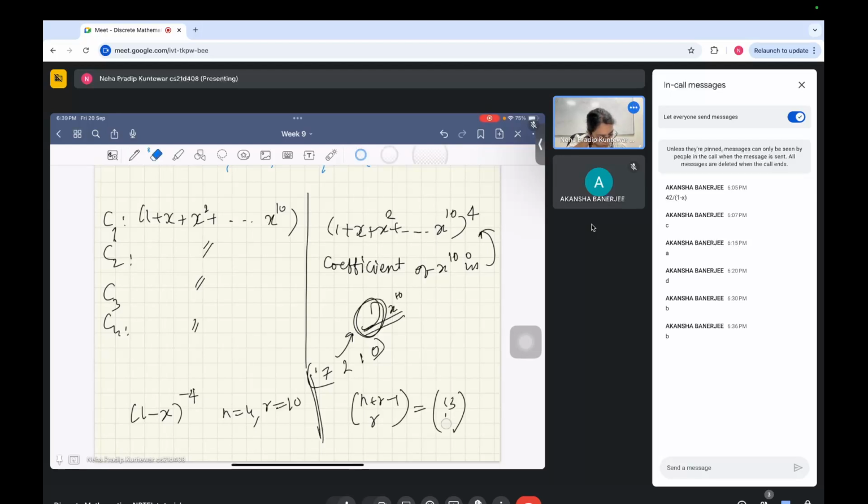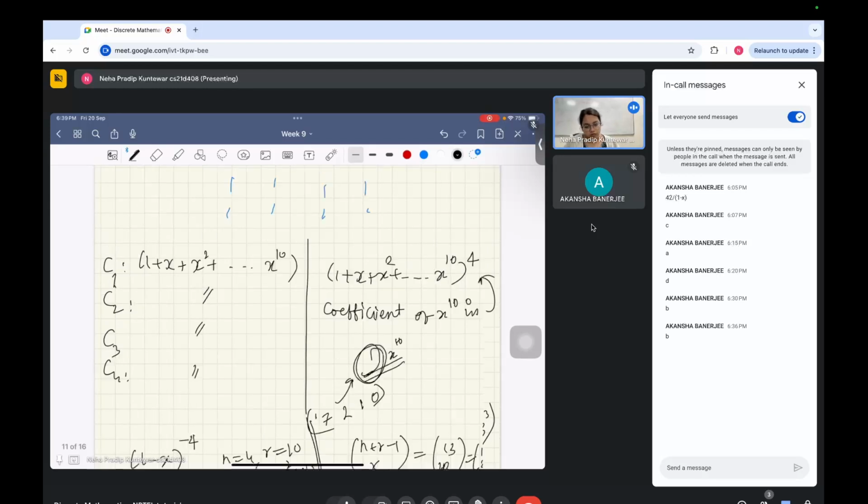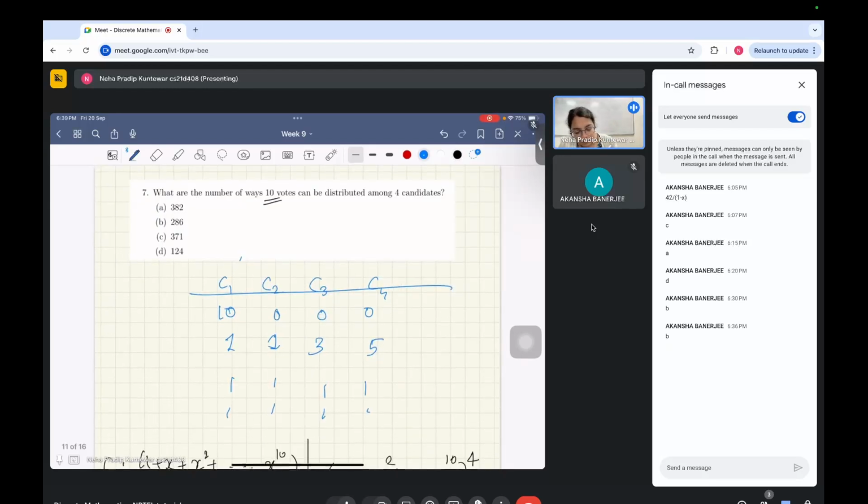Yeah, r is 10 for us, so this is 13, choose 10, which is 13, choose 3, and that is the same as 13 into 12 into 11 divided by 3 into 2, which is the same as 286. So yeah, you're right. So the answer is B, 2 and 6.